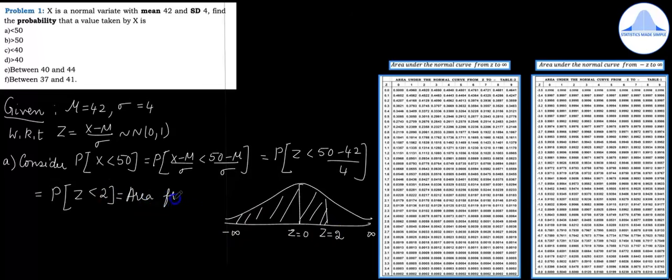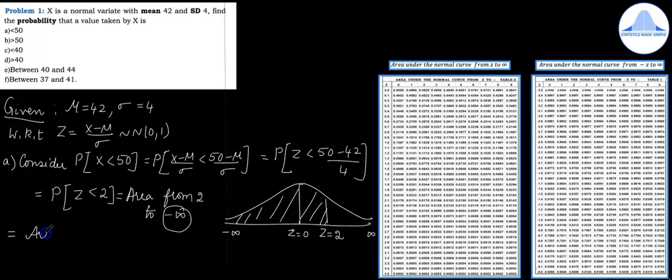So whatever area you have shaded, you write it in words. So this is equal to area from 2 to minus infinity. But can we find out the area from 2 to minus infinity? We cannot find out. Why? Here we have minus infinity, but the heading is area under normal curve from z to infinity, or area under the normal curve from minus z to infinity. So when we get area from any number to minus infinity, we have to change the sign throughout.